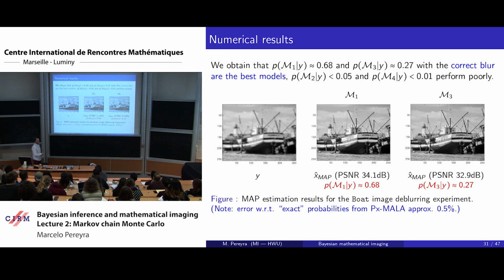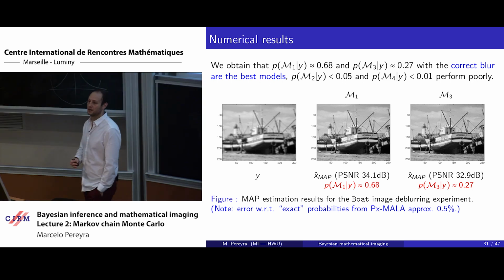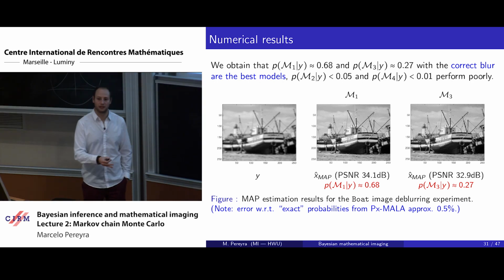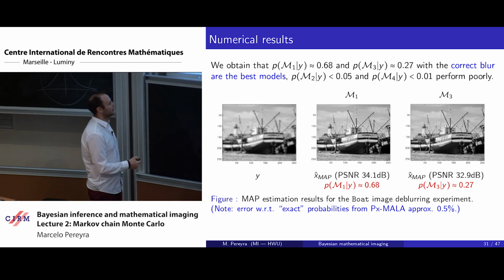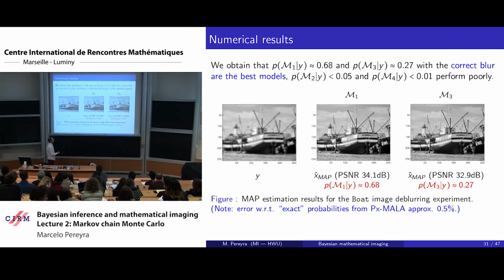So it's not a dramatic factor. So clearly, just from the blurred image, we can decide if these two candidates for blur are equally good, or if there's one that's better than the other one. And we can also decide if one regularizer is a bit better than the other one or not. It doesn't mean we're going to get it right, but it provides a principled way of making a decision.